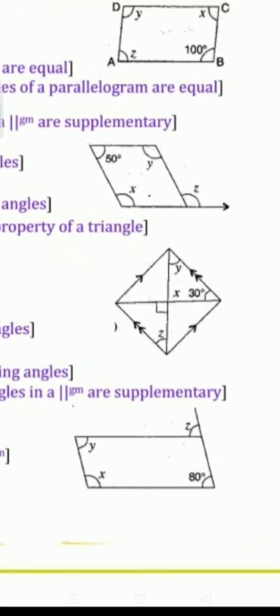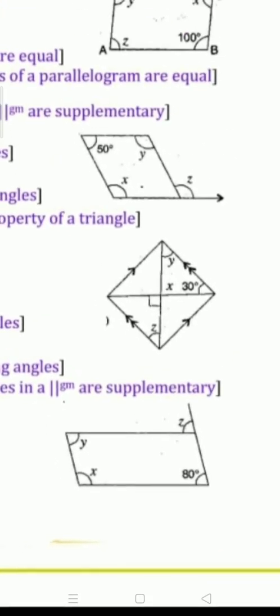Now the next one, that is the fourth one. In the diagram given over here, you have to find x, y, z, and one angle is given, that is 80 degrees. First and foremost, as it is a parallelogram, exactly the opposite angle y will also be 80 degrees, because opposite angles of a parallelogram are equal. Now if you know y, can't you find the adjacent angle? You know adjacent angles of a parallelogram are supplementary.